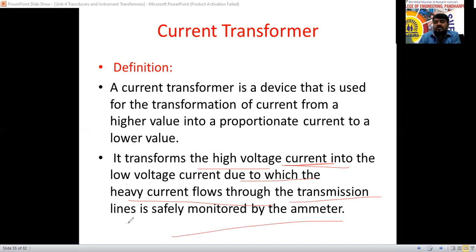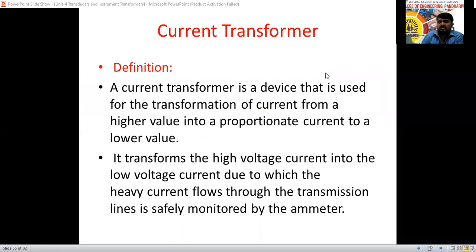Heavy current can be monitored safely without any harm. It provides security and protection to the person who is working in that area. This is the current transformer definition: a device which transforms electrical current from a higher value into a lower value.